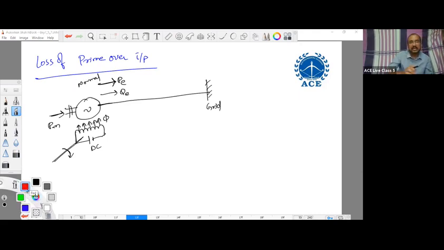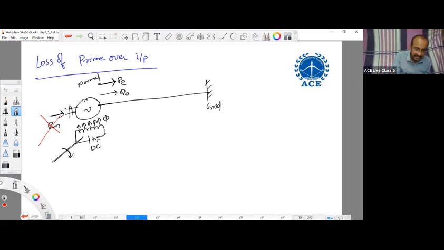Now loss of primary input takes place, which means the mechanical input got lost. When the mechanical input is lost, what happens?